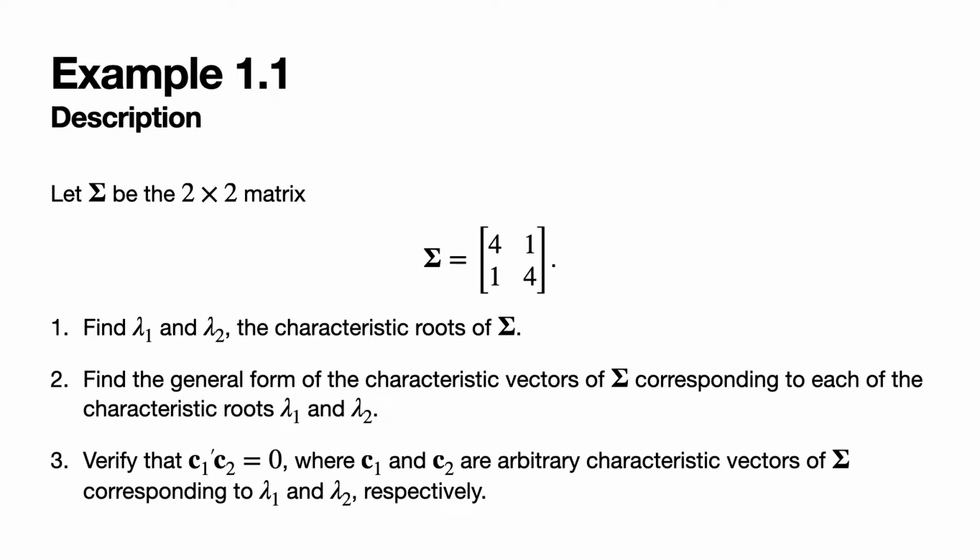We'll then verify that C1 prime times C2 is equal to 0, where C1 and C2 are arbitrary characteristic vectors of cap sigma corresponding to lambda 1 and lambda 2 respectively. So C1 is an arbitrary characteristic vector of cap sigma corresponding to lambda 1, and C2 is an arbitrary characteristic vector of cap sigma corresponding to lambda 2.